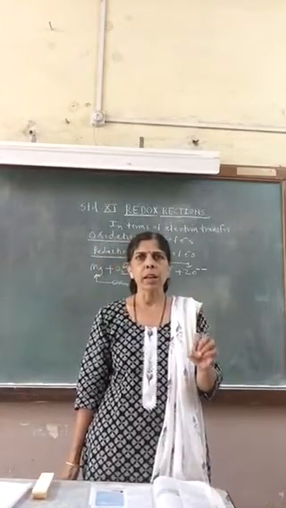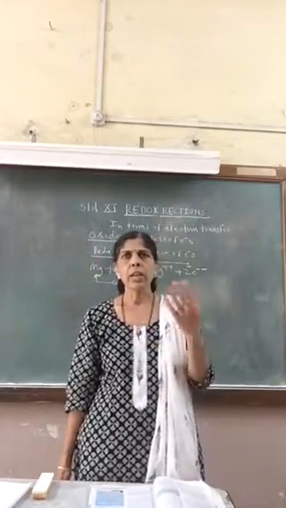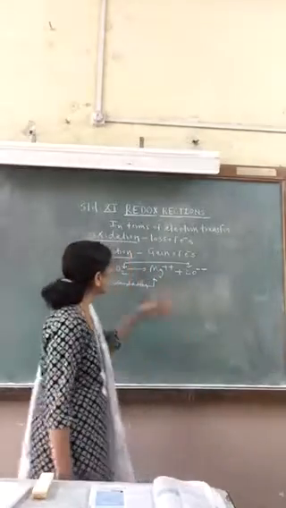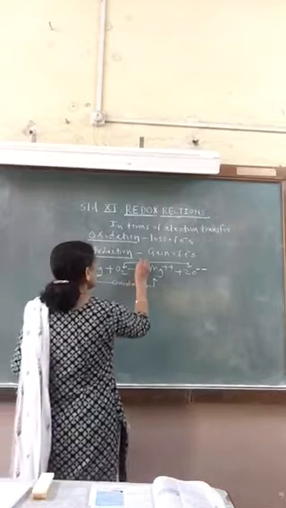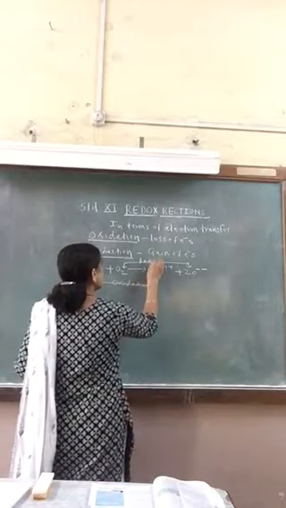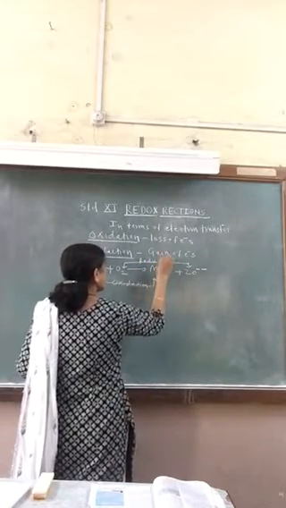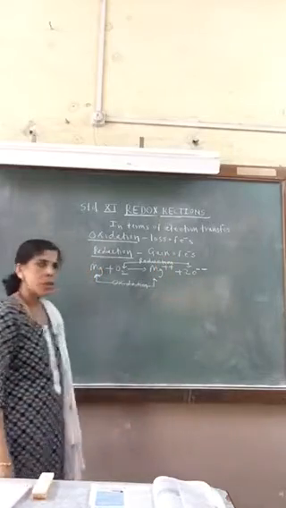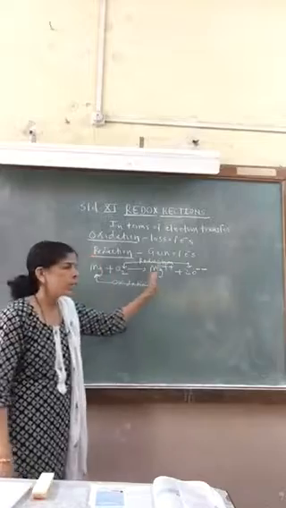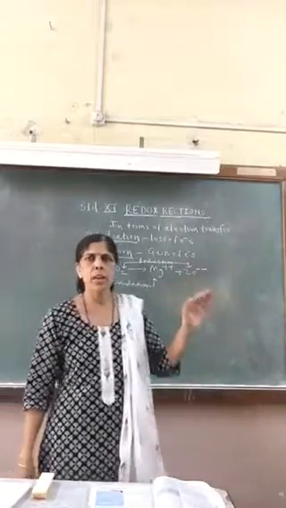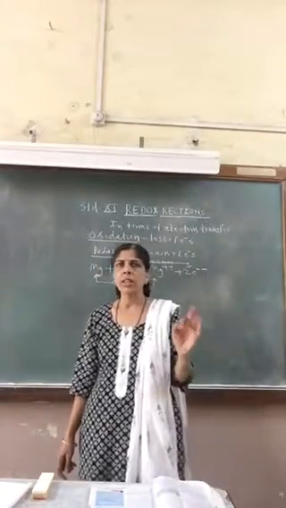It has gained electrons. So gain of electrons is nothing but reduction, and therefore oxygen has undergone reduction. So oxidation and reduction reactions are taking place simultaneously in this reaction, and therefore this reaction is redox reaction.